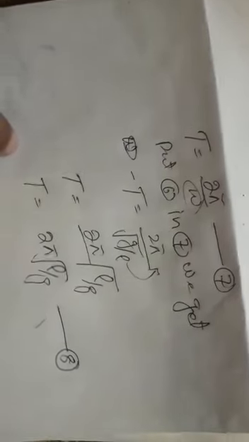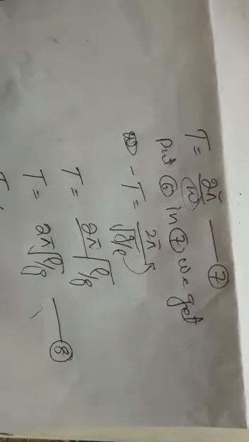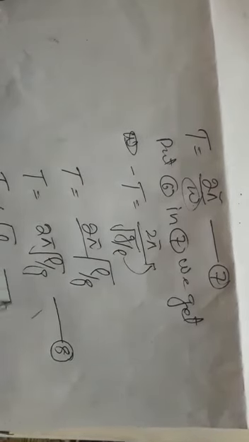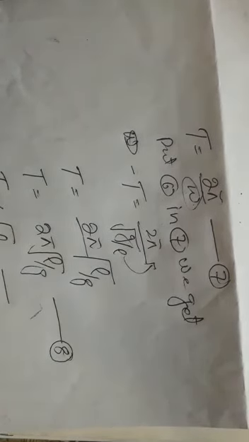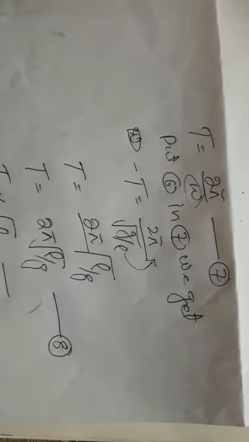From this equation it is clear that the time period of the pendulum depends only upon the length. The time period is directly proportional to the square root of the length of the pendulum. It means that the time period of a pendulum does not depend upon its mass; it is independent of mass. It only depends upon its length.